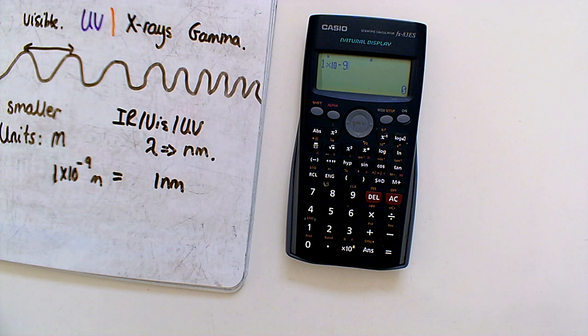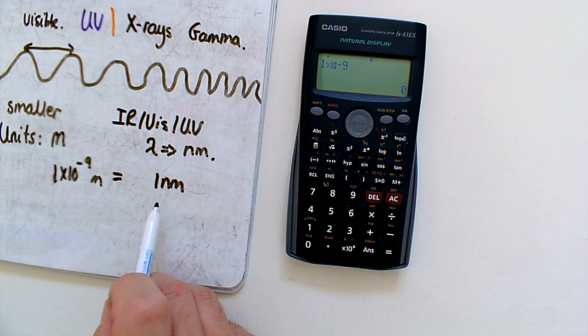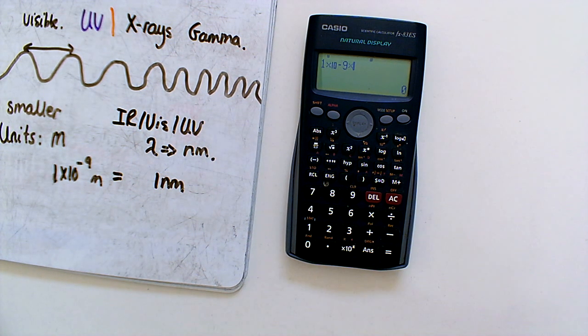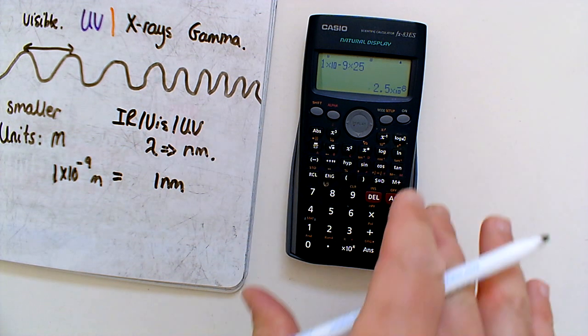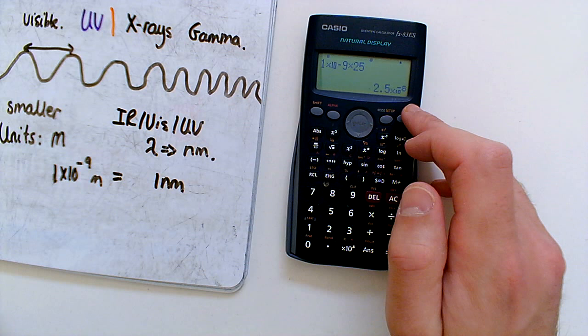And then that would be what I would do in order to convert whatever my number of nanometers is. So if it was 25 nanometers, I would do 1 times 10 to the minus 9, multiply by 25, equals, that tells me my number of meters. So this button here, the times 10 to the x, is going to be used quite a lot. You've probably used that before, but just in case, that's showing you how it's used on my calculator here.